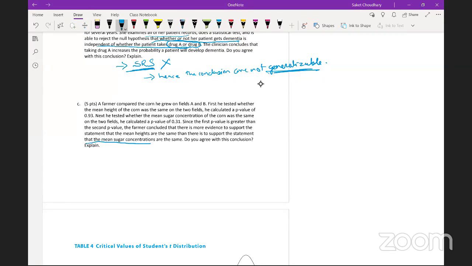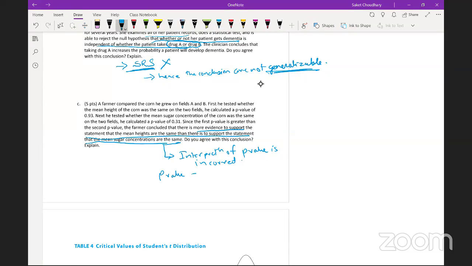Now, the moment you read this statement, and if you remember the explanation of the p-value, this should sound a bit strange, because this interpretation of p-value is incorrect.